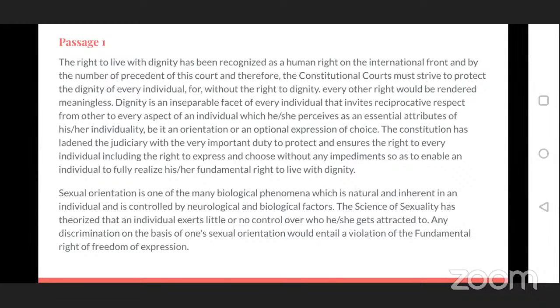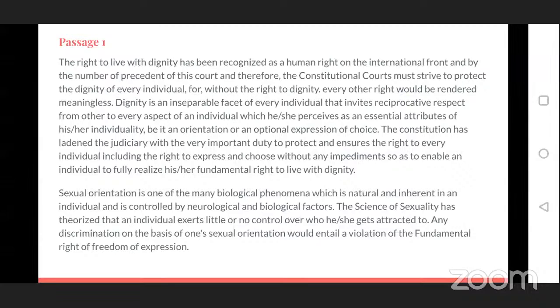The Constitution has vested the judiciary with the very important duty to protect and ensure the right of every individual, including the right to express and to choose without any impediments, so as to enable any individual to fully realize his or her fundamental right to live with dignity.